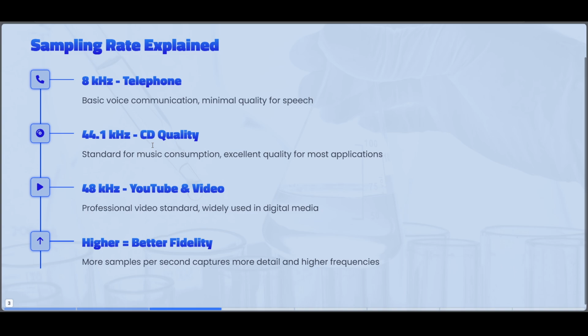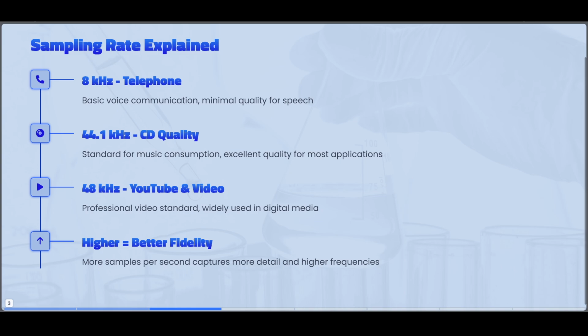Most standard music consumption uses this quality. It is an excellent quality for most applications. Then third is 48 kilohertz. Usually we use this for YouTube and video, and it is a professionally used video standard, widely used in digital media.